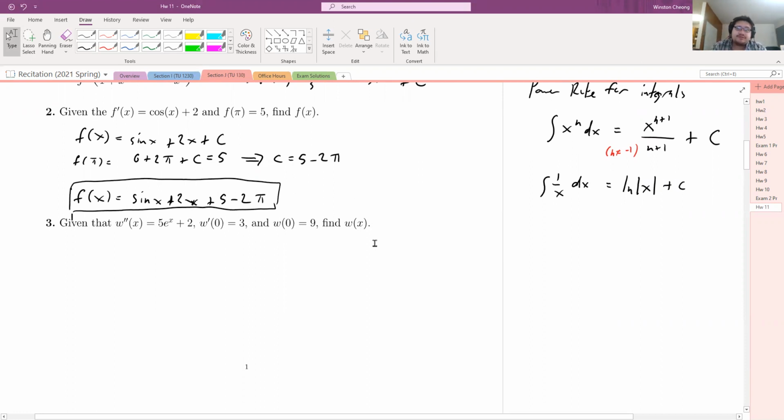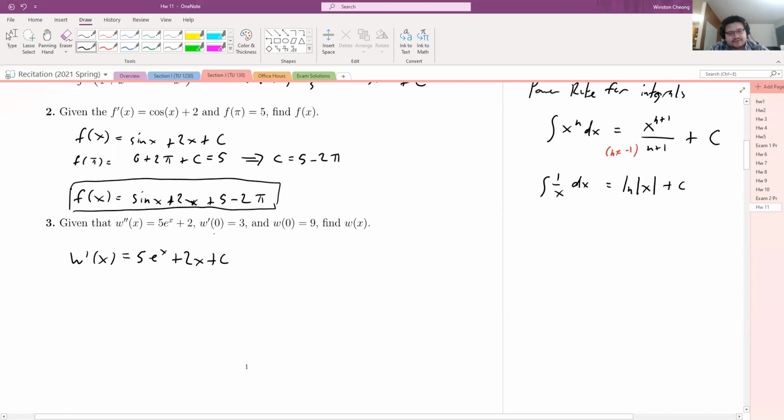So that means we have to take 2 integrals in order to reverse the 2 derivatives. So the first integral is going to give w prime of x, the first derivative. So that's 5e to the x plus 2x plus c.